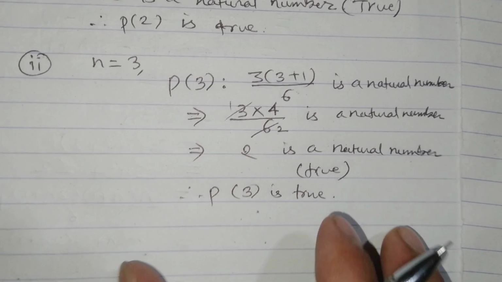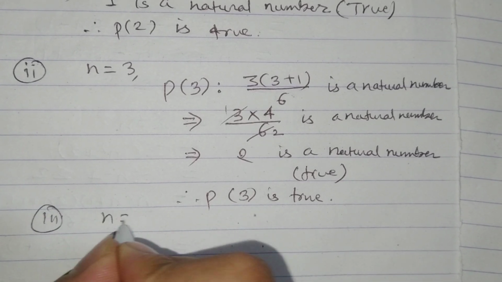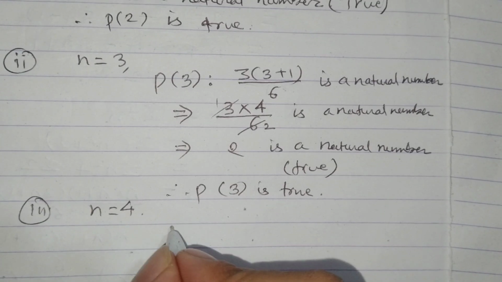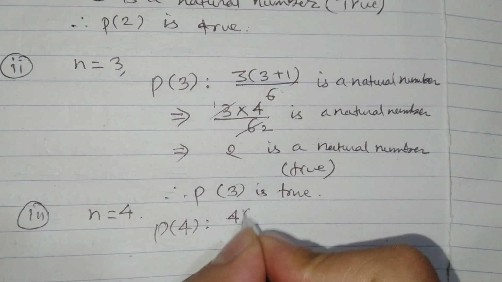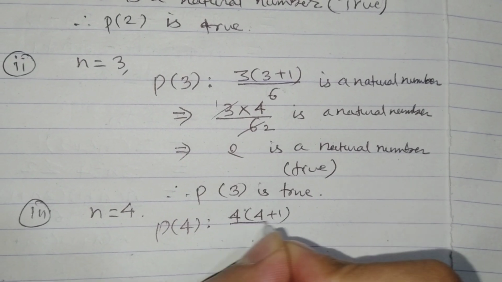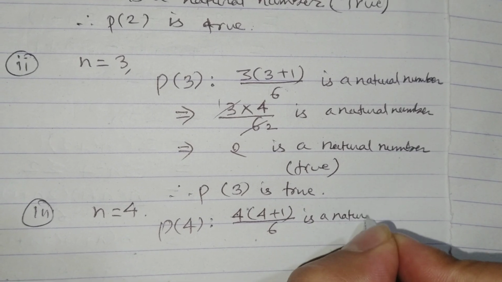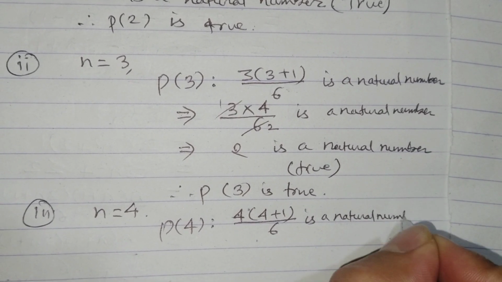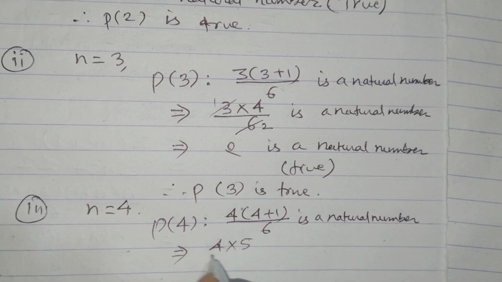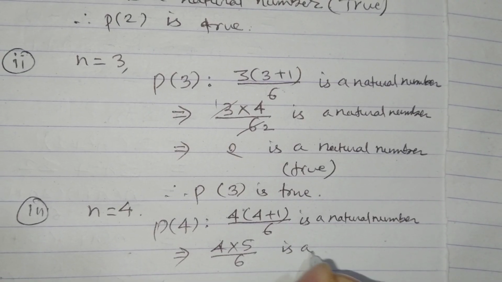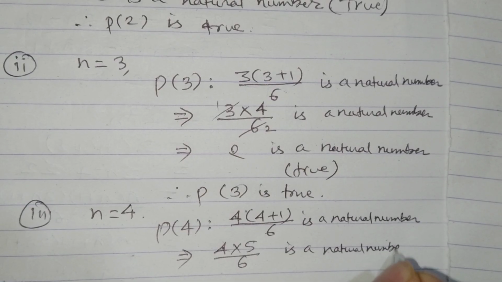Now finally we have to check for n equals to 4. So what we get for P4 is 4 times 4 plus 1 by 6 is a natural number. So it becomes 4 times 5 by 6 is a natural number.